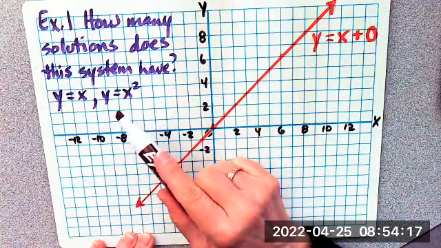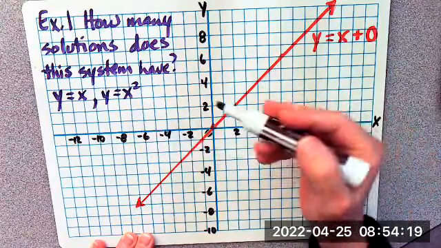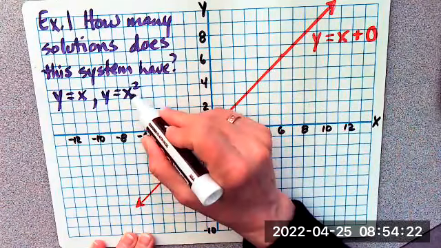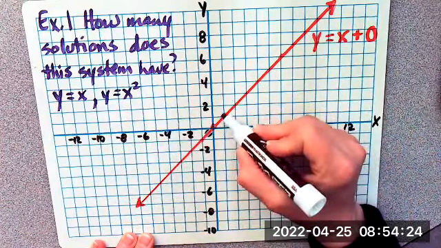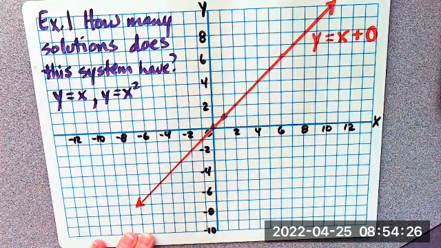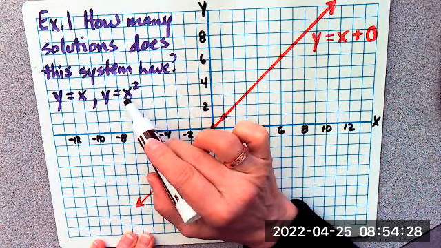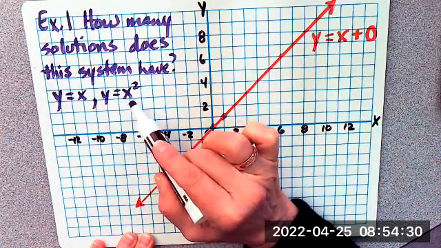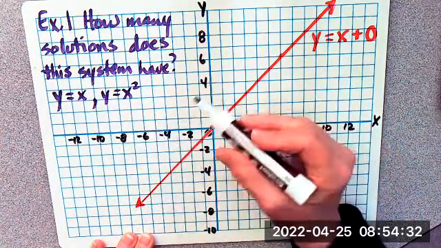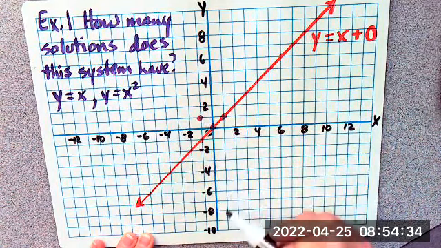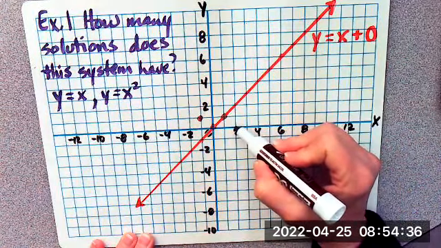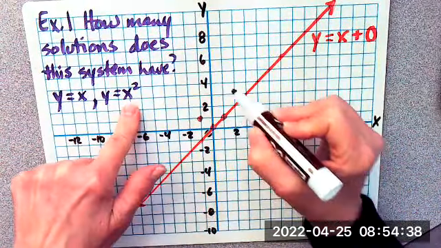And then when x is 1, 1 squared is 1, so we have another solution there. When x is -1, -1 times -1 is 1, so we have a solution there. When x is 2, 2 squared is 4.